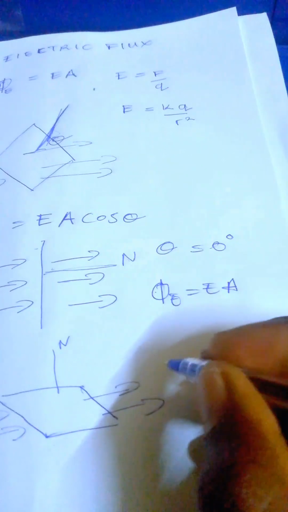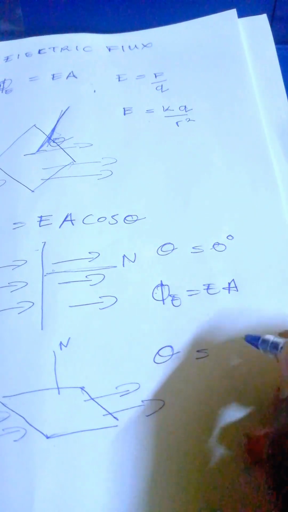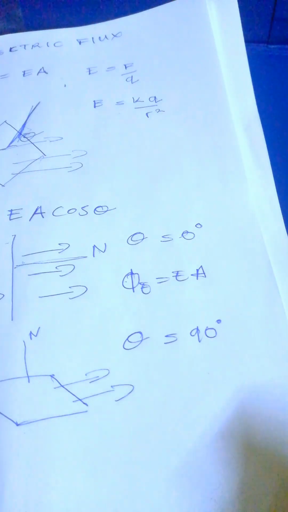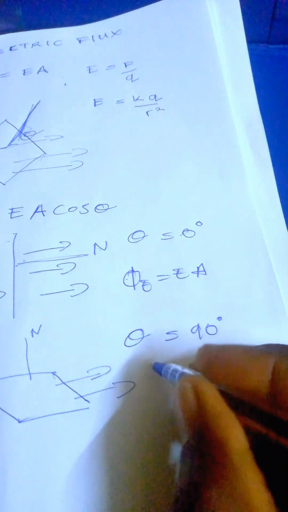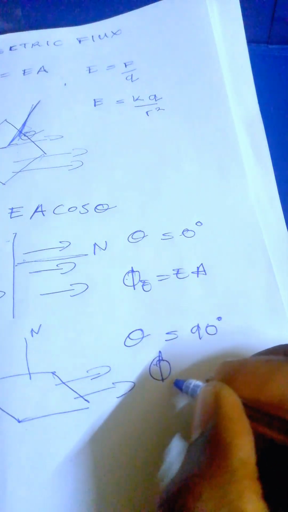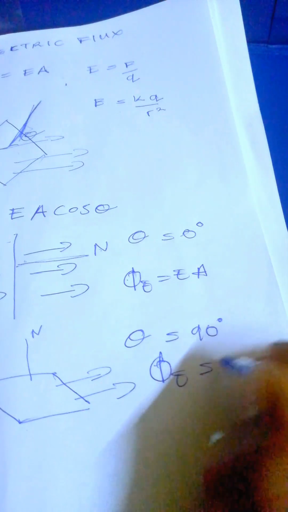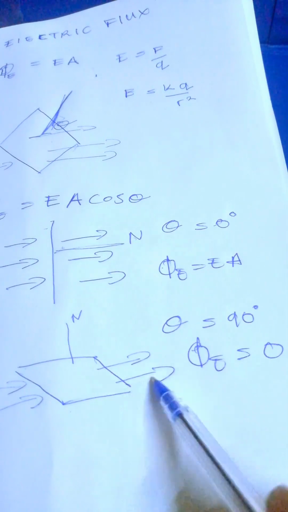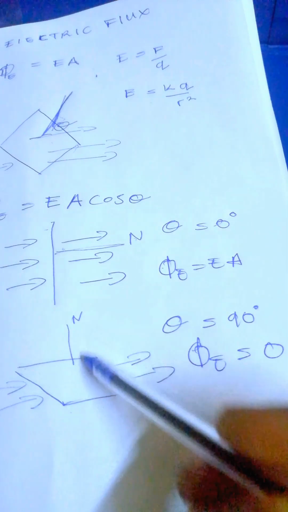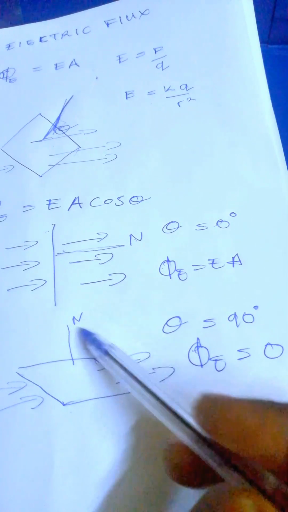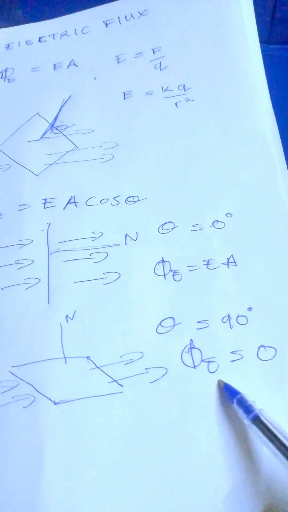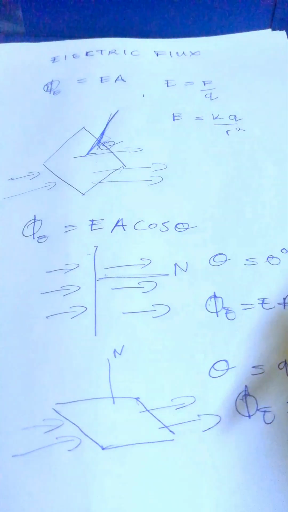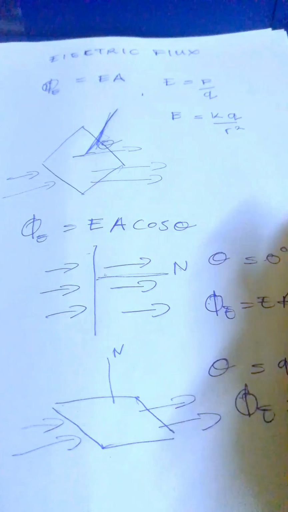Here our theta is equal to 90. When theta is 90 degrees, cos 90 is 0, so our electric flux will be 0. So when the electric field is perpendicular to the normal, we are going to have zero electric flux.